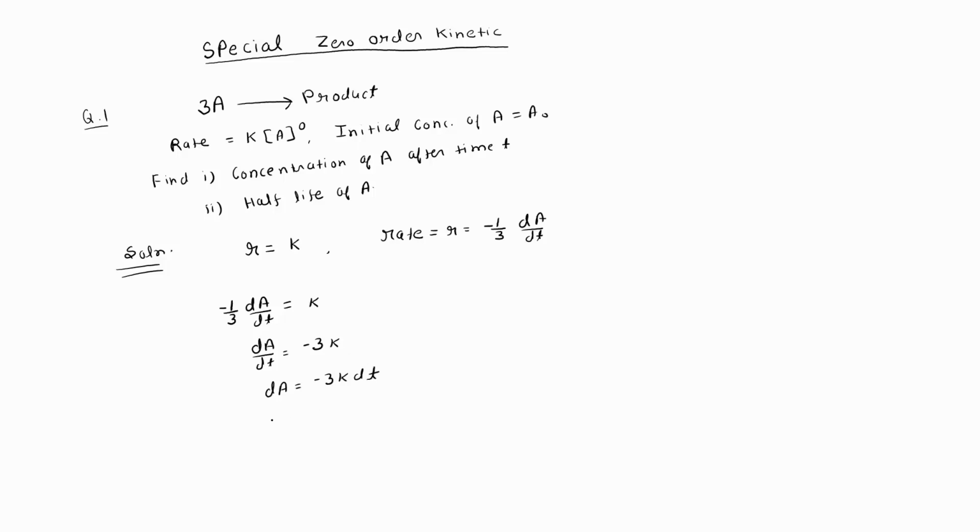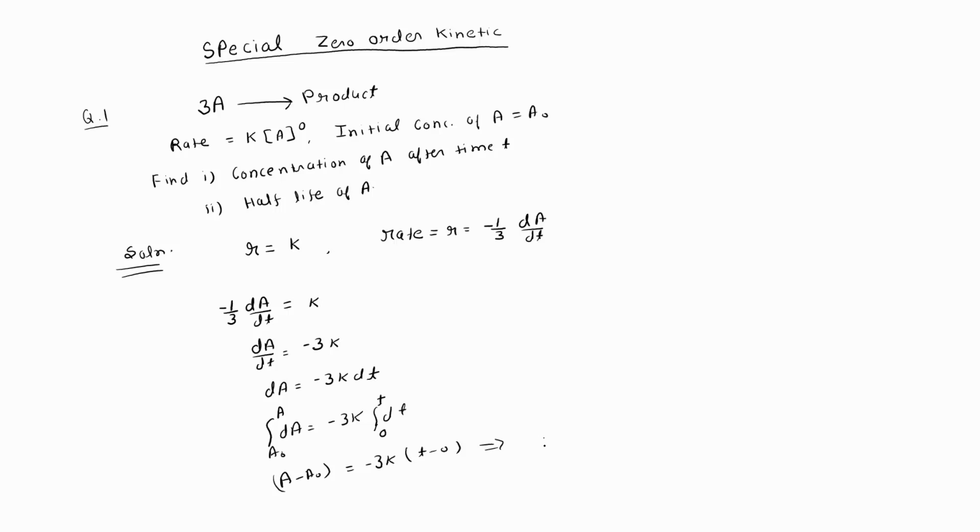dt. So integrate dA, and 3K is your constant. Integrate dt. At t is equal to 0, it is given the initial concentration is A naught, and at t is equal to t, the concentration of A is A. So A minus A naught is equal to minus 3K t minus 0.